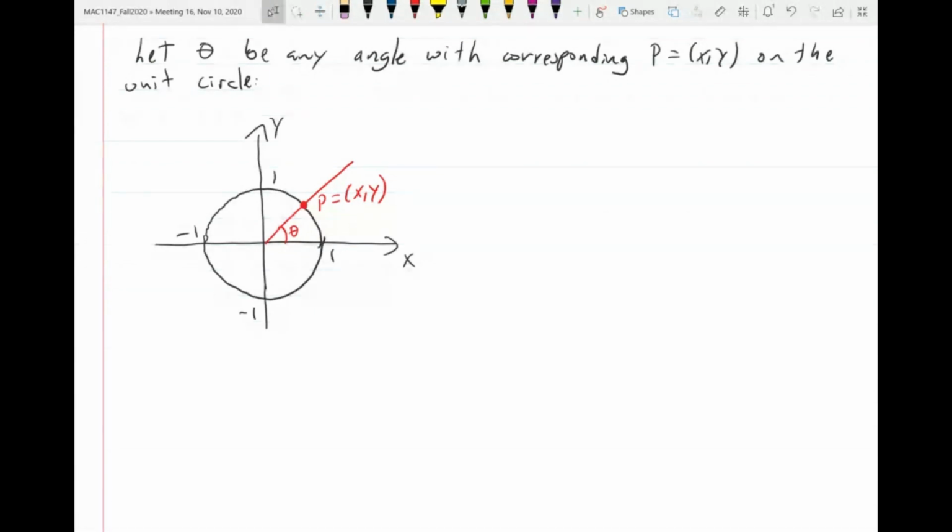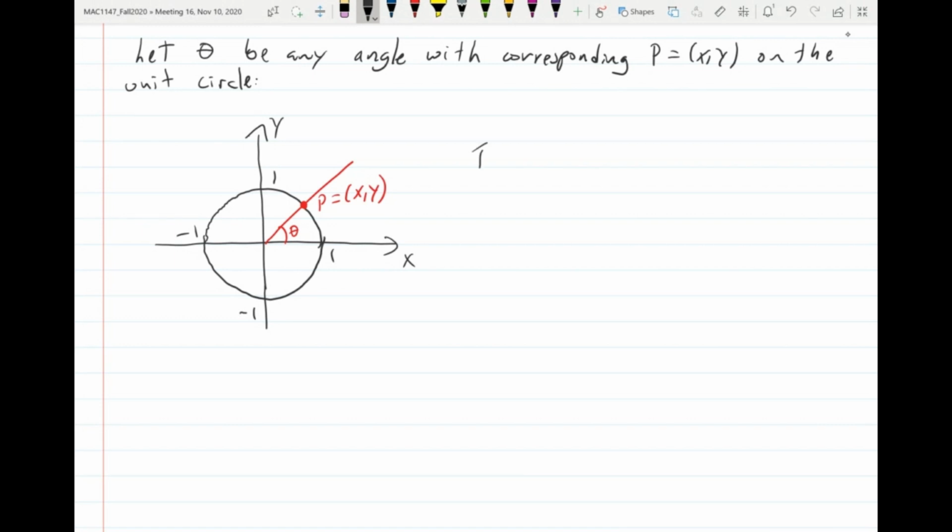But actually, we don't need to stop just at looking at x and y. We can look at all possible ratios that we can make with x and y. So let me write that down. There are six different ratios.